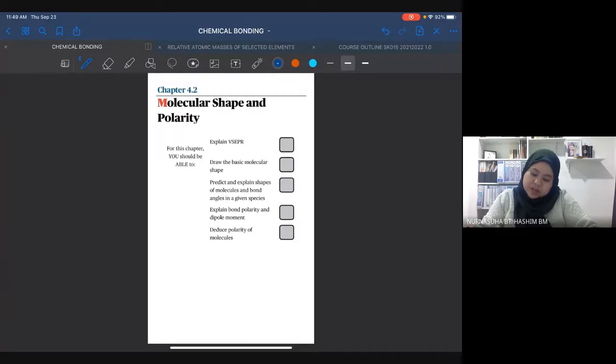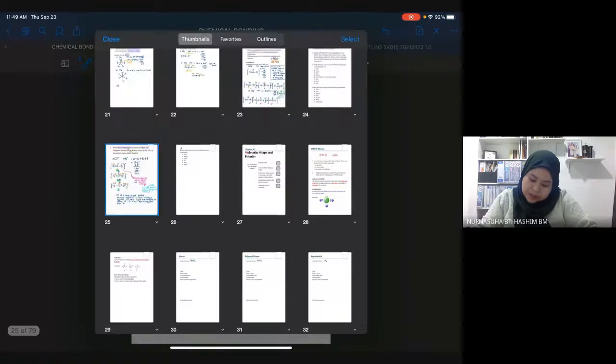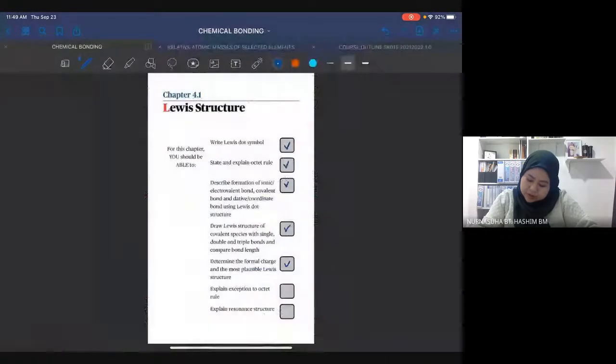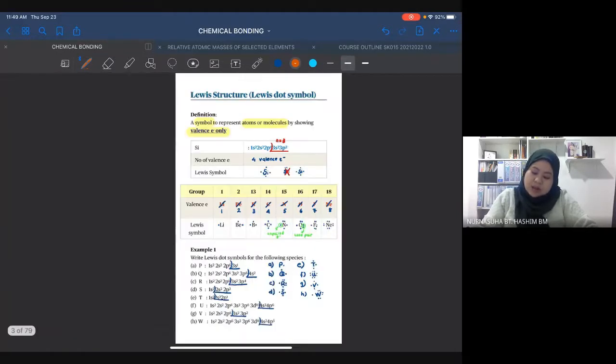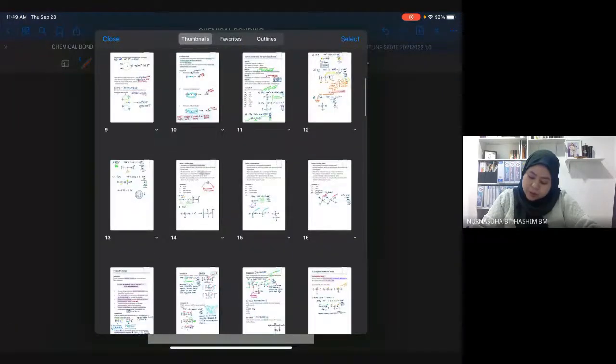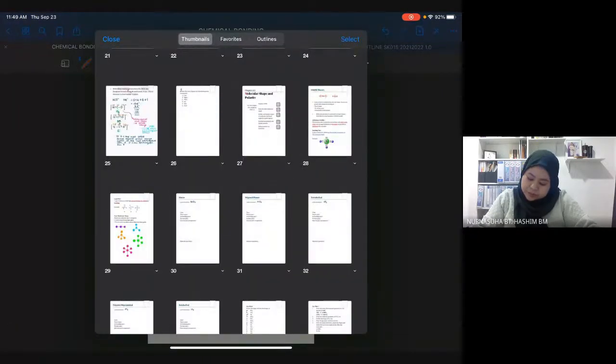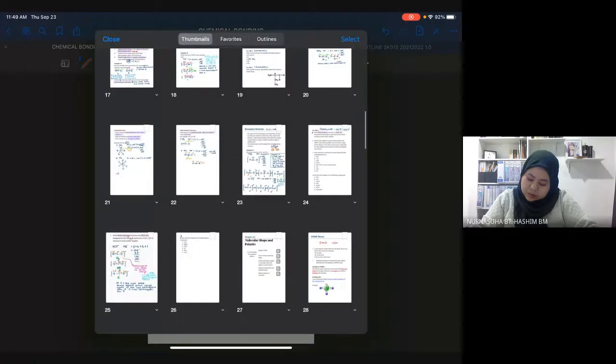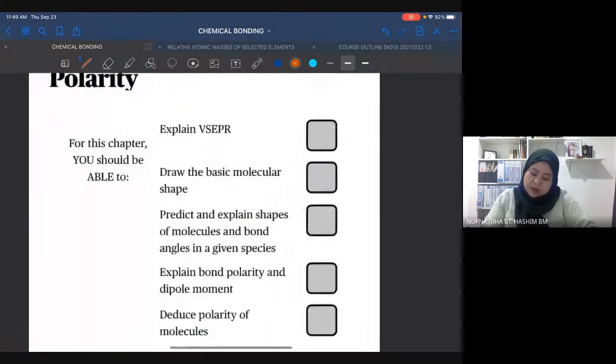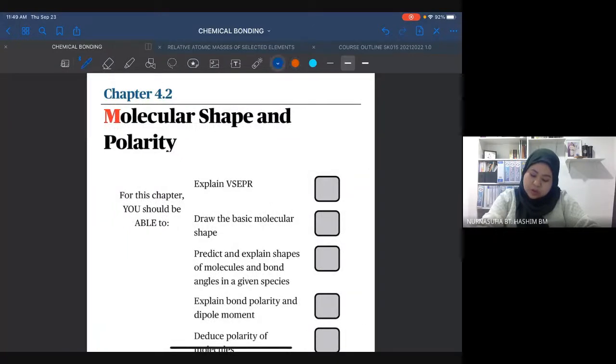Okay. Molecular shape and polarity. So basically we have done exceptions to the octet and I explained resonance structures to you. So basically 4.1 is done. Now we will go into 4.2, in which I'm going to show you what VSEPR is, valence shell electron pair repulsion.